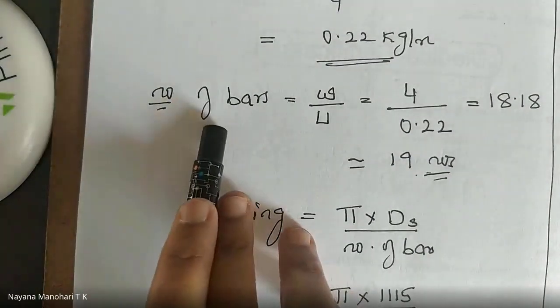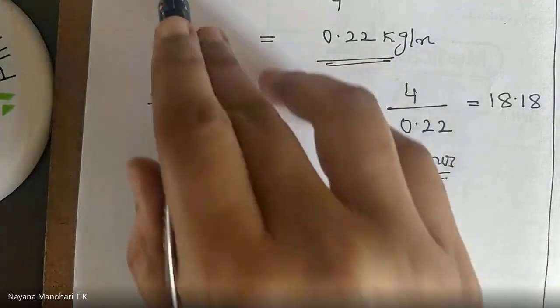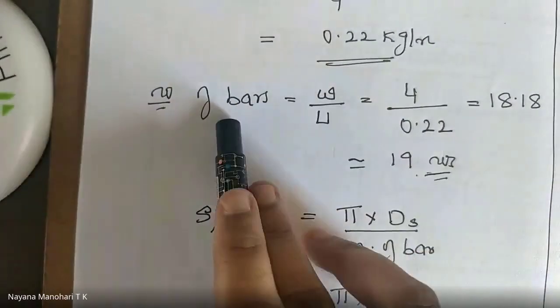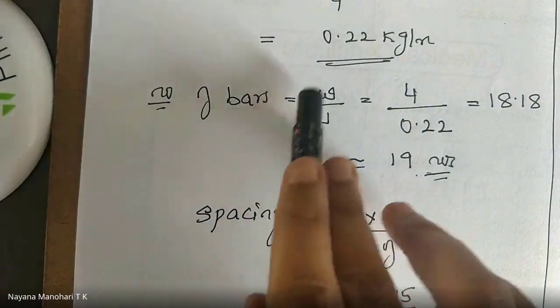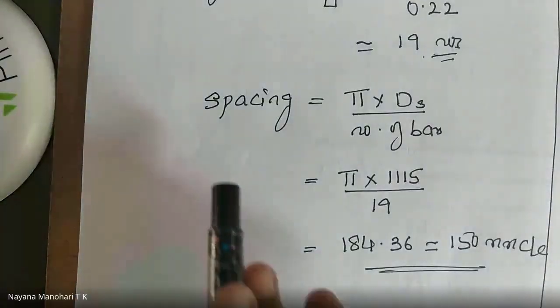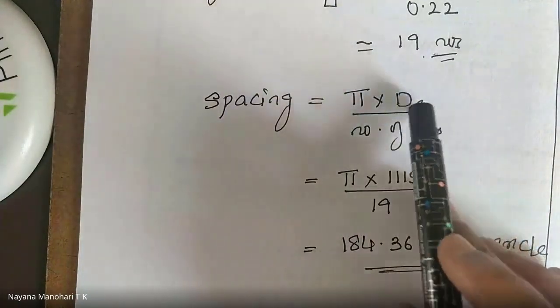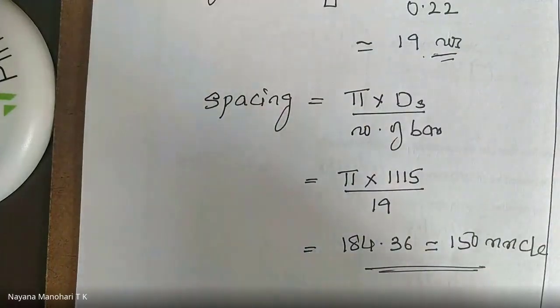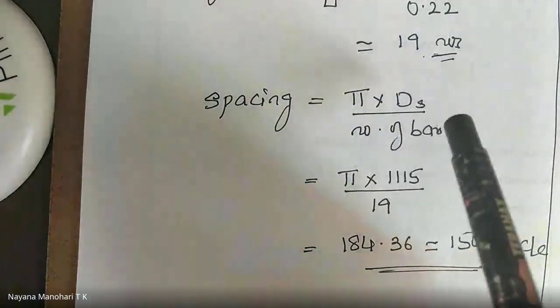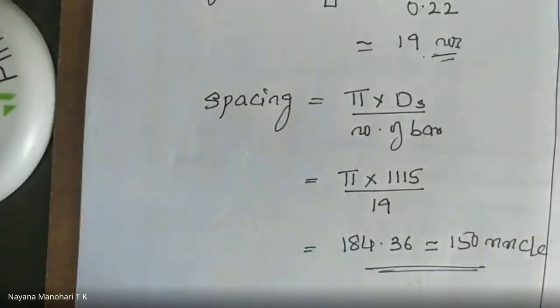The same way for number of bars, I have assumed the total weight is 4, divided by weight of single bar. It will give you the number of bars, total weight divided by individual weight. Next you need to calculate the spacing. It is given by pi into ds divided by number of bars, where ds is nothing but the dia of the spiral. You will get the spacing. We will write the reinforcement details now.